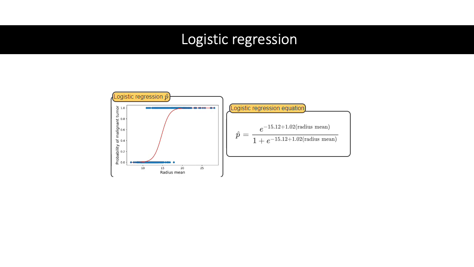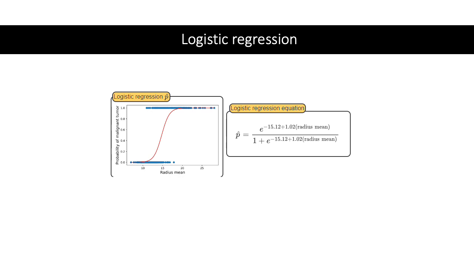It is represented by the equation seen here in the figure, and the P here represents the probability of the outcome belonging to class 1, or the probability of the outcome being 1 given the input X. Training logistic regression, as we said, involves trying to maximize the likelihood of observing the actual outcomes given the input data or the input features that you have.